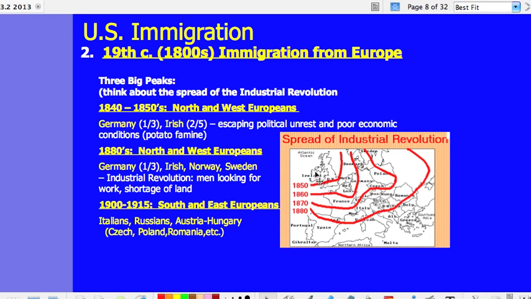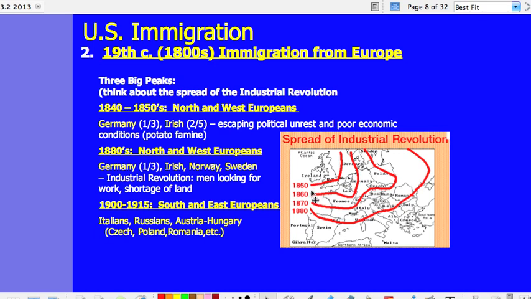So Ireland would be this, and then also we have Germans coming during this time too. So Ireland, including the British and Germany, came during this time, escaping political unrest and poor economic conditions. The Irish were coming because at one time there was a potato famine during this time, and they were starving to death, so a lot of them went to the United States looking for places to farm.